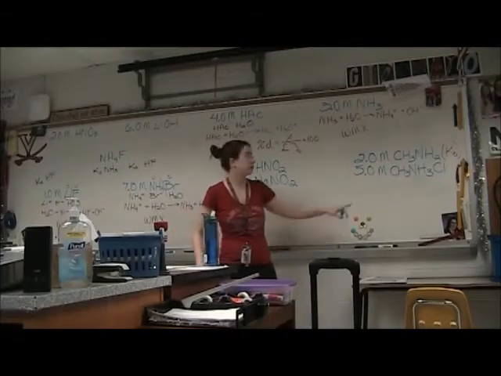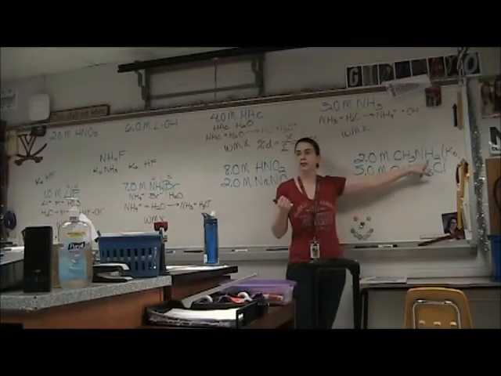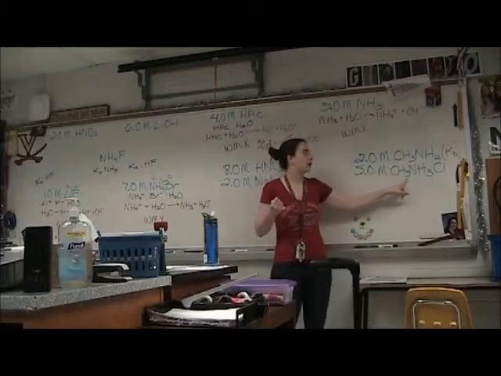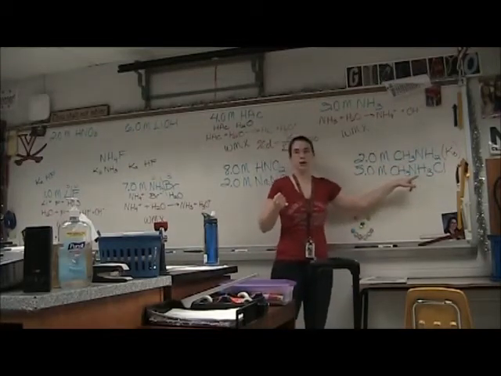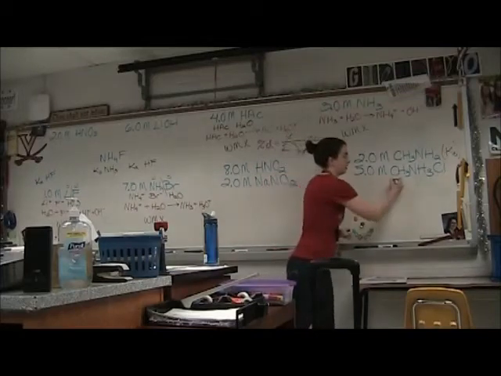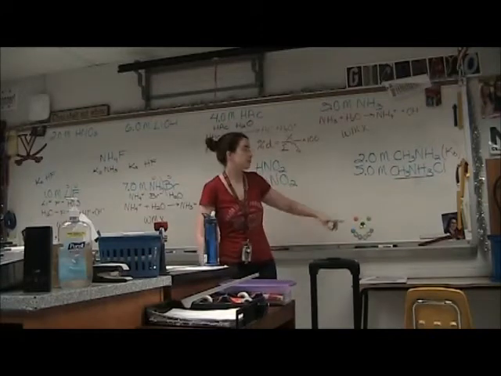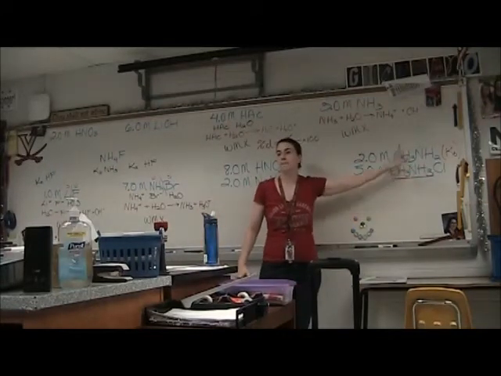A weak base. Okay, great. So now you've got some more information. Weak base, what must this whole thing then be? A salt that contains its conjugate acid. Okay? Is this a buffer?